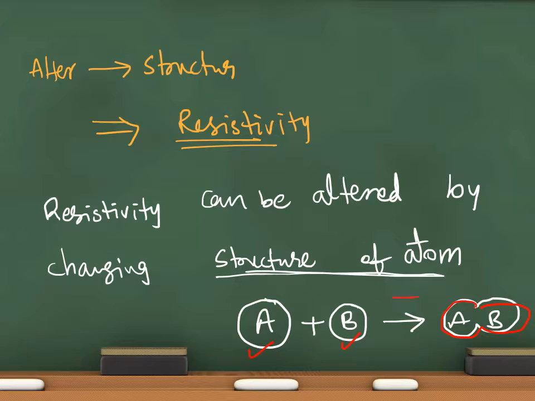I have a hybridized structure here, and due to this hybridized structure there will be a change in resistivity. This process is called alloying.